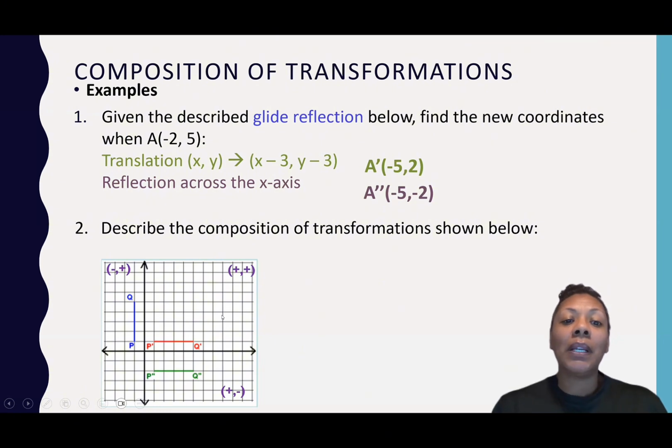Since I want to describe it, I first have to know where my pre-image is. I have three different colors here, and my pre-image for this one is going to be segment PQ, and it's vertical.